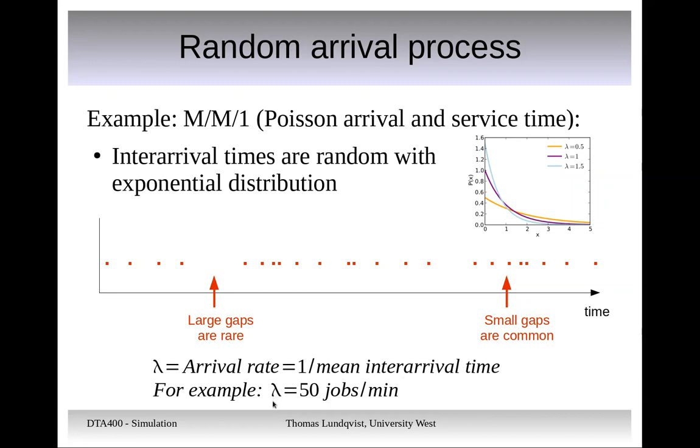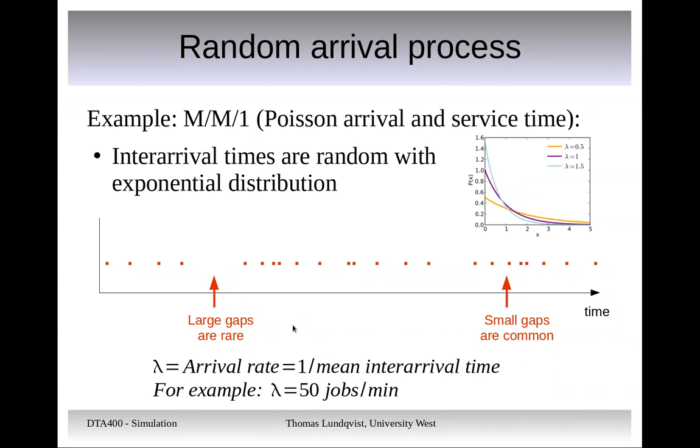You can have really small inter-arrival times, you can have large, but on average, it follows this 1 divided by lambda. That means that you get some kind of predictability anyway, because if the server can handle more jobs per minute than what's arriving on average, then the system is stable. Sure, the randomness means there can be really large bursts sometimes. So it puts more emphasis on queues. But on average, the system will be stable.